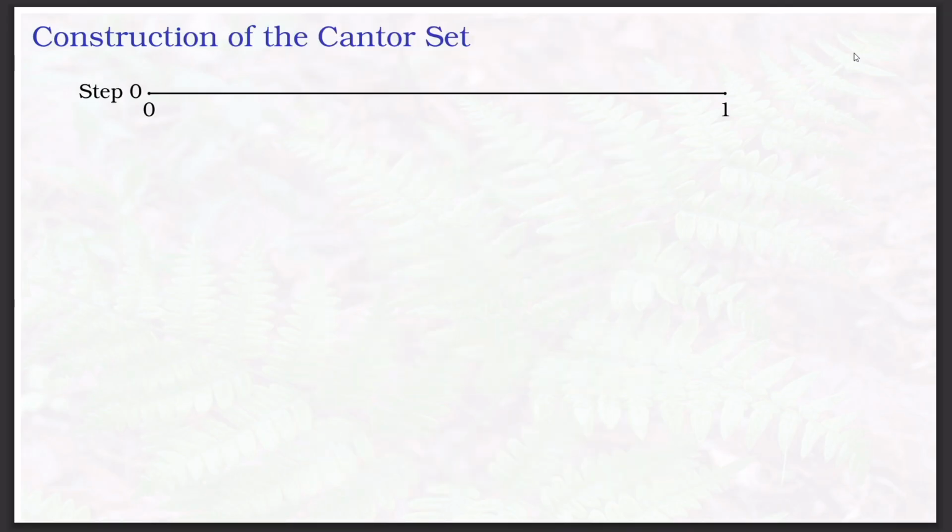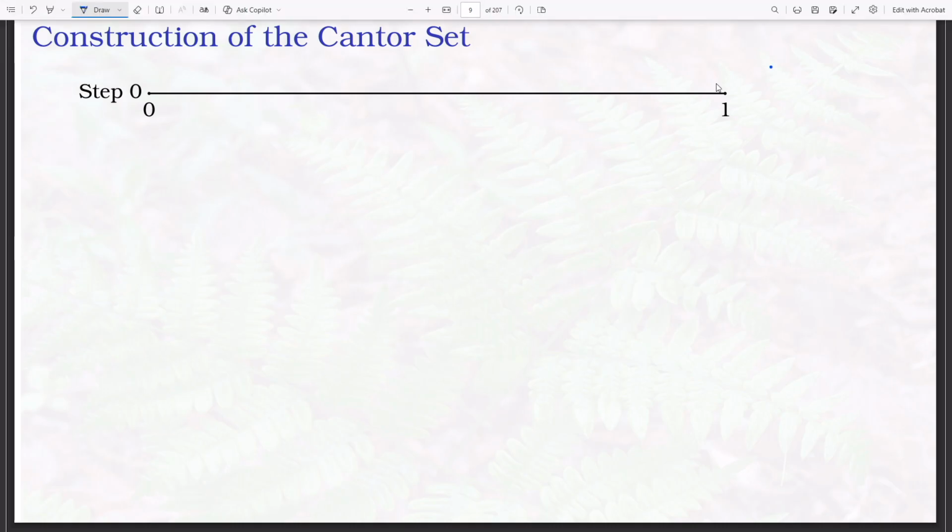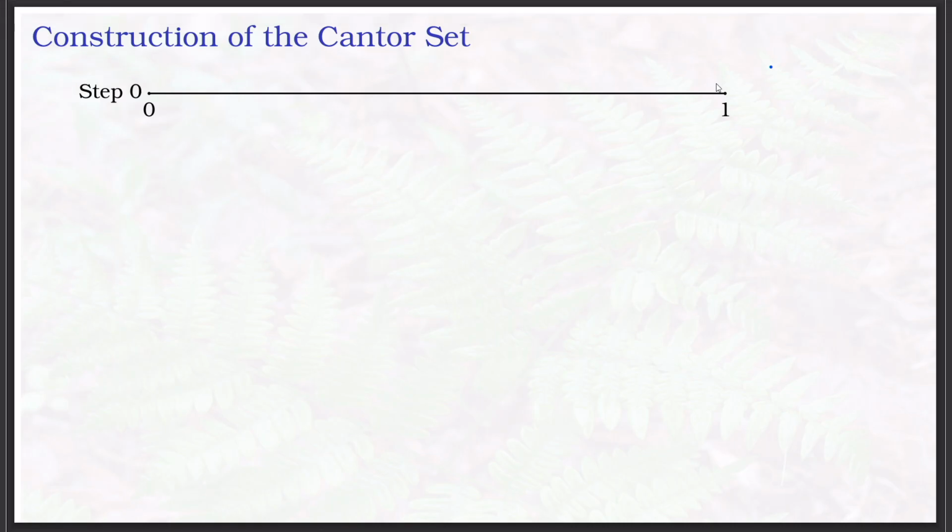Let us start with the construction of the Cantor set. While constructing the Cantor set, let us consider a line segment in the real number system R. This line segment, the unit interval [0, 1], we can call the initiator.